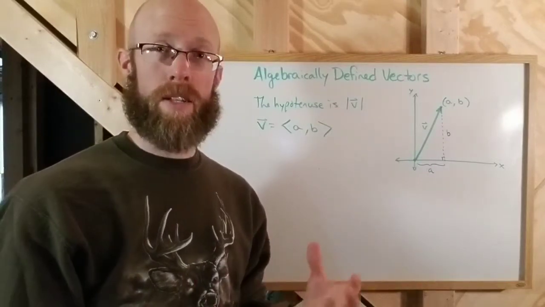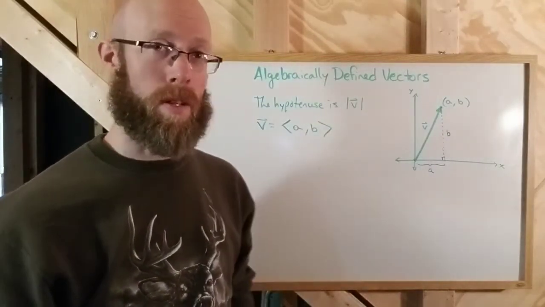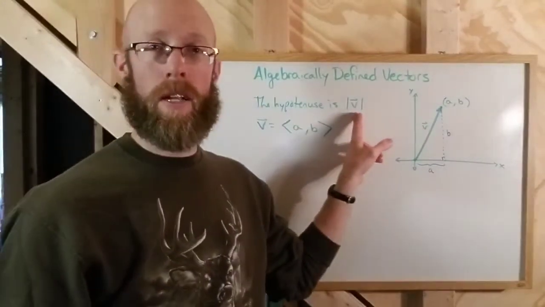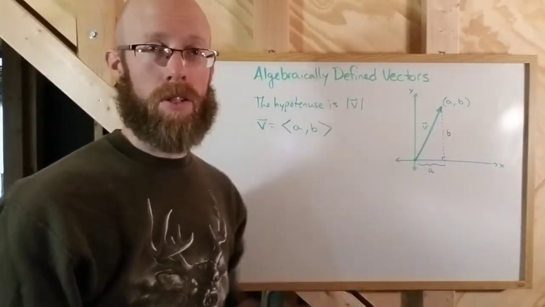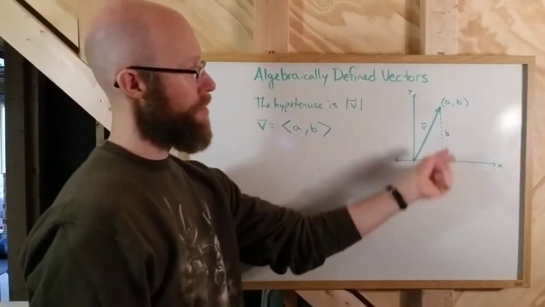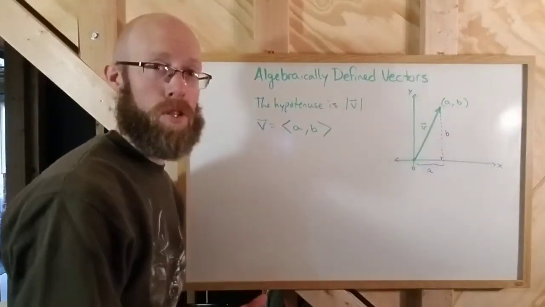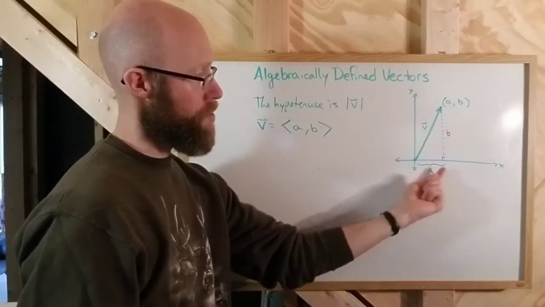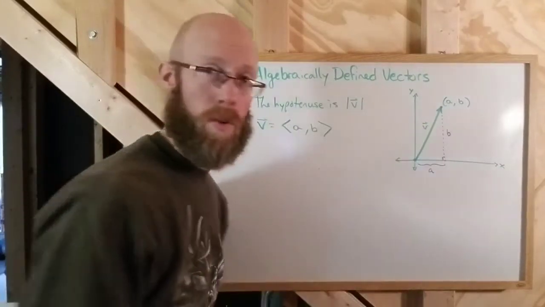We use basically the coordinates of the terminal point. From there, I can determine what the magnitude is based upon what those a and b values are. We just use the Pythagorean theorem, right? The magnitude is a squared plus b squared, and then you take the square root.